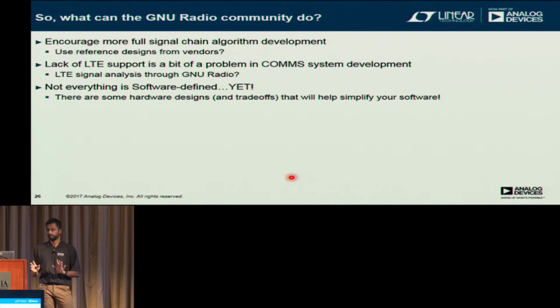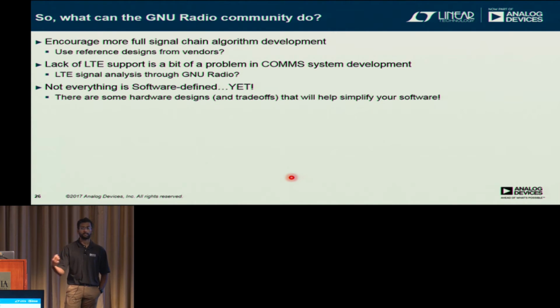Lack of LTE support is a bit concerning, and there is definitely some signal analysis that you could be doing with GNU Radio that I would like to get away from some of the proprietary tools and software. And not everything is software defined, not just yet, right? So hardware design trade-offs will help you get better results when it is available.